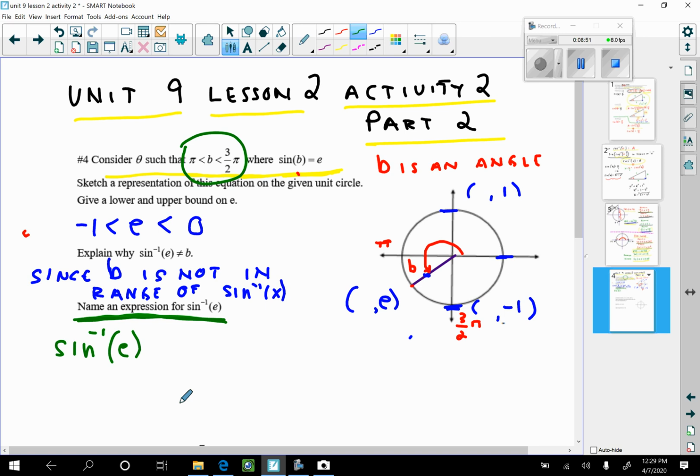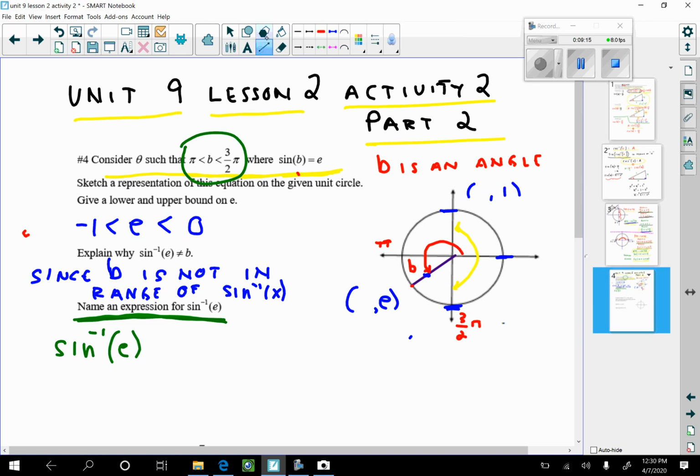Well, let me get this guy out of here for a minute, because what we want is an angle between -pi/2 and pi/2 that has the same output of E.